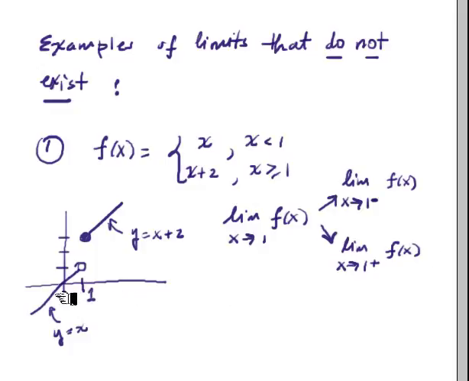So here this is from the left, and that's from the right. This one would be associated with that negative symbol, and this one with that little positive symbol, negative, positive.